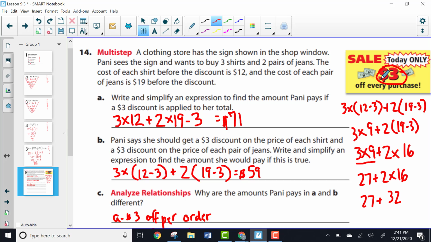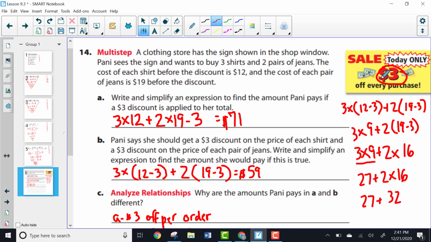So you should say, if you want to make more money, $3 off the entire purchase. If you want customers to have more of a discount, probably the shop owner should say $3 off every item. Okay, that could be a way that you could change that sign to be a little bit clearer to the customer.